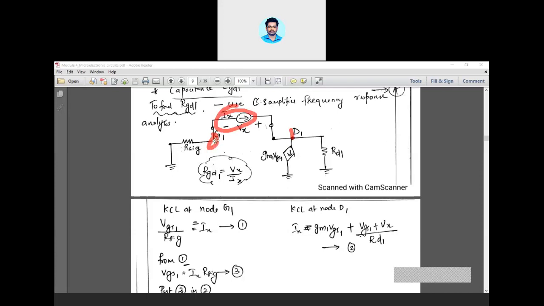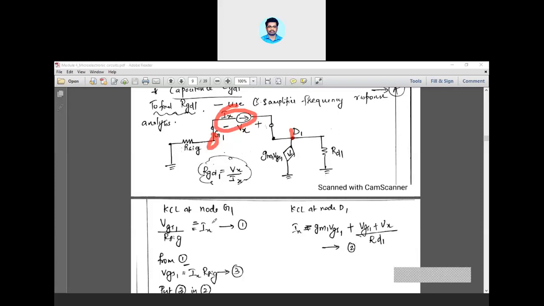What is the voltage at G1? It is equal to VGS1. So VGS1 plus Vx will get you the total voltage at the drain terminal. That voltage divided by the resistance Rd1 will get you the total current flow. So these two are leaving currents, and this is the only entering current. Now we have to solve these two equations to get the ratio Vx by Ix.